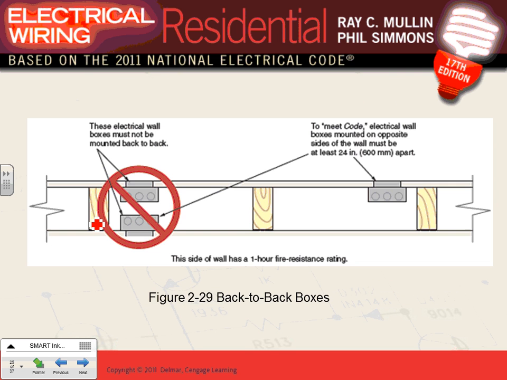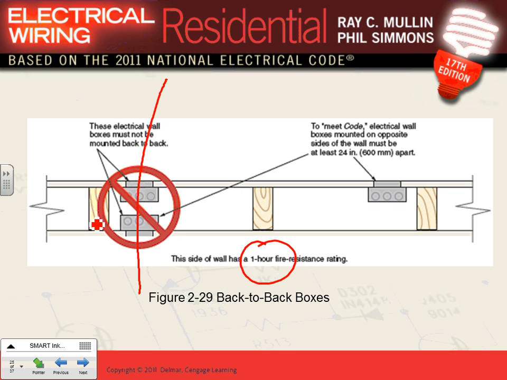There's a couple of nice pictures I'll show you. There you go. So this is a fire-rated wall, 1 hour fire-rated, between you and the attached garage. They don't allow you to put it this way. Why? Because if there's a fire here, it goes right through this box and into the other. You compromise the integrity of that fire rated wall. So what do you need to do?